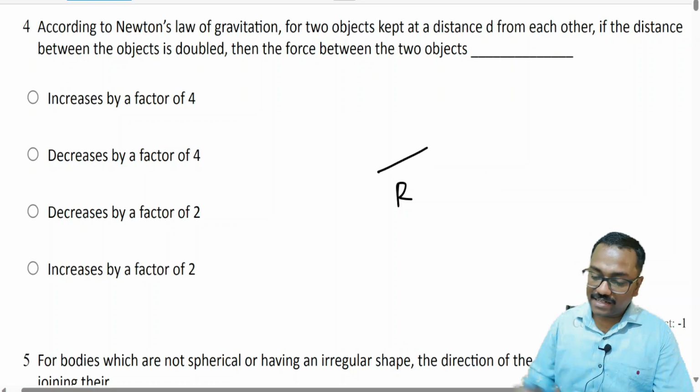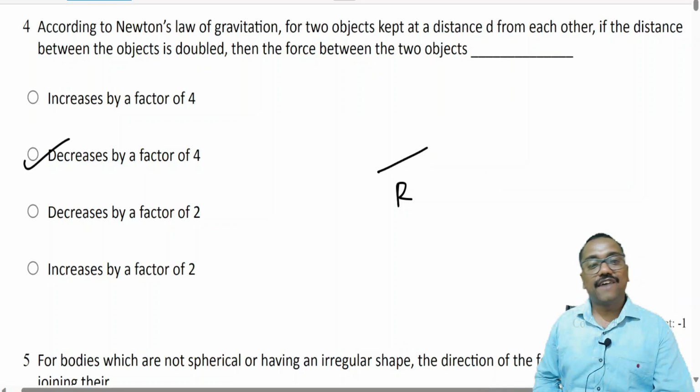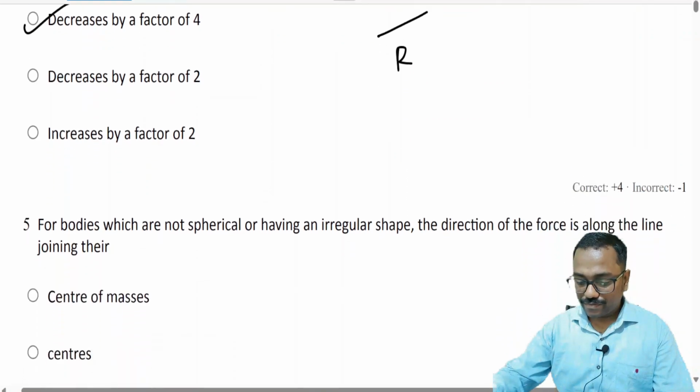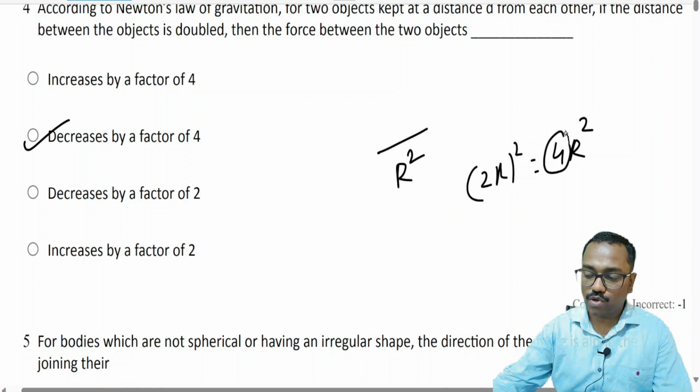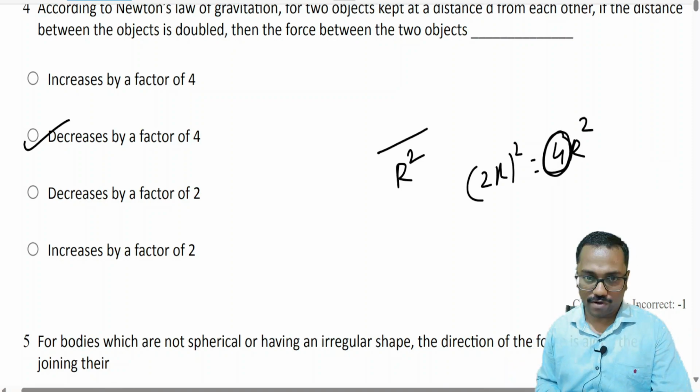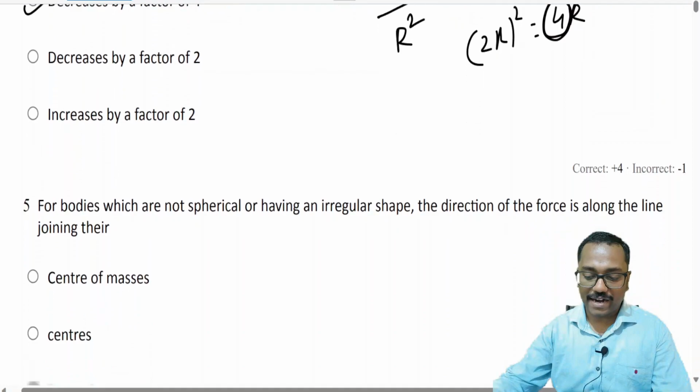So its answer is decreases by a factor of 4, because here it is r square. If it is doubled, that means 2r the whole square, it becomes 4r square. So inversely it is coming 4, right? So it decreases by a factor of 4.